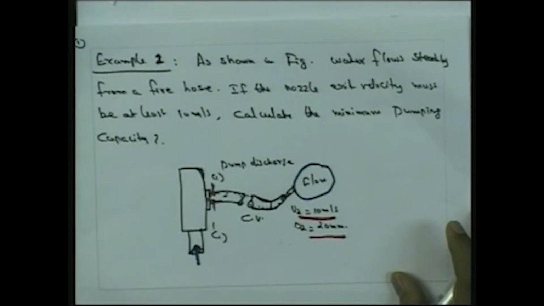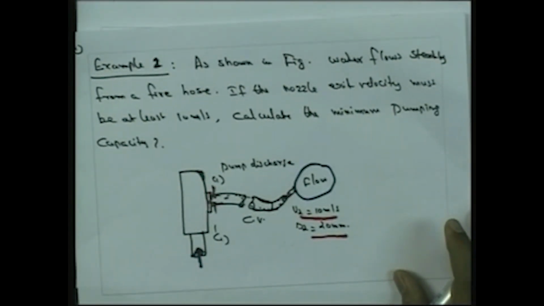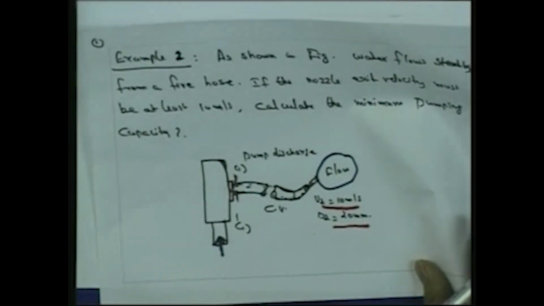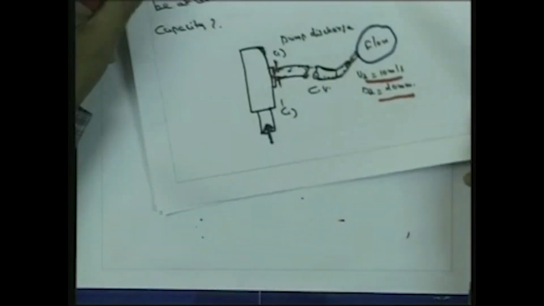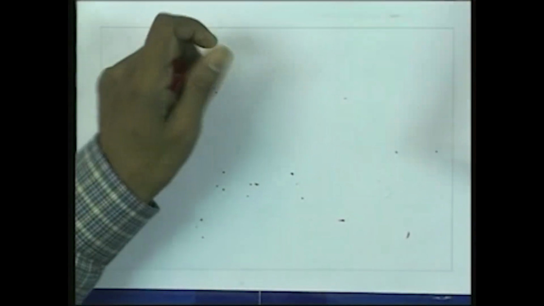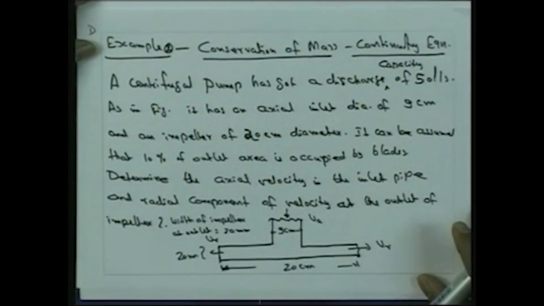Here Q is equal to 0.00314 meter cube per second. This is a simple problem where we can use this integral form of the continuity equation. We will also discuss another simple example related to the conservation of mass based upon the continuity equation.